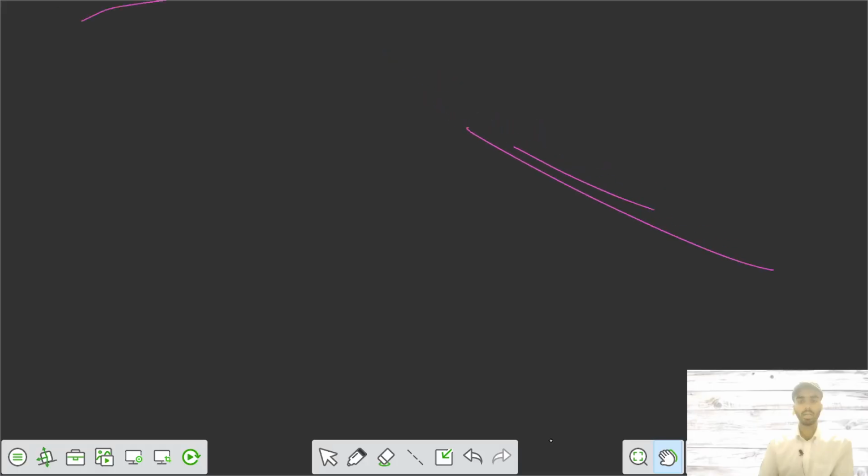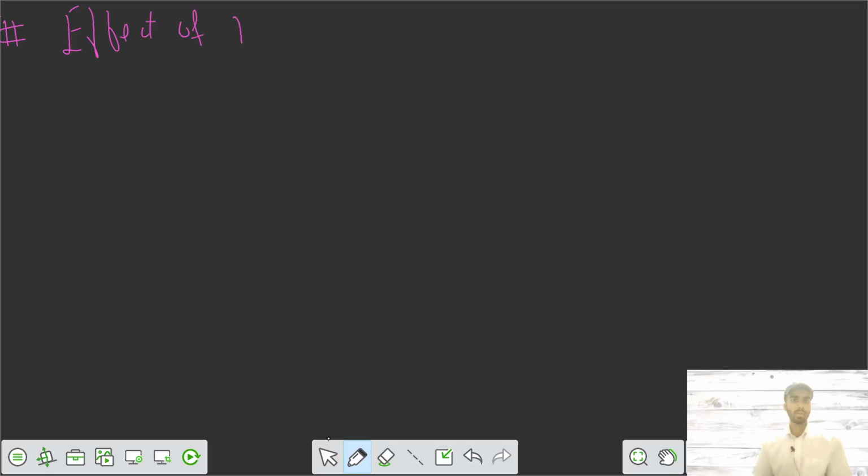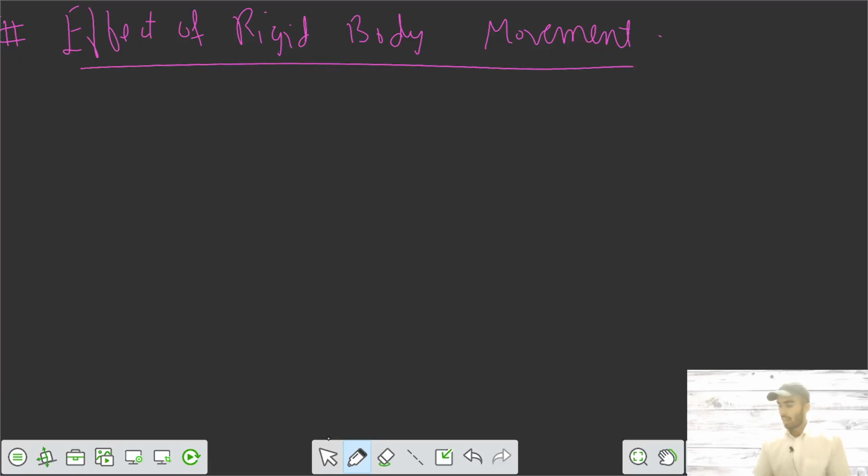Let's write a new topic: effect of rigid body movement. Let's say you have a bar, taking a rectangle.